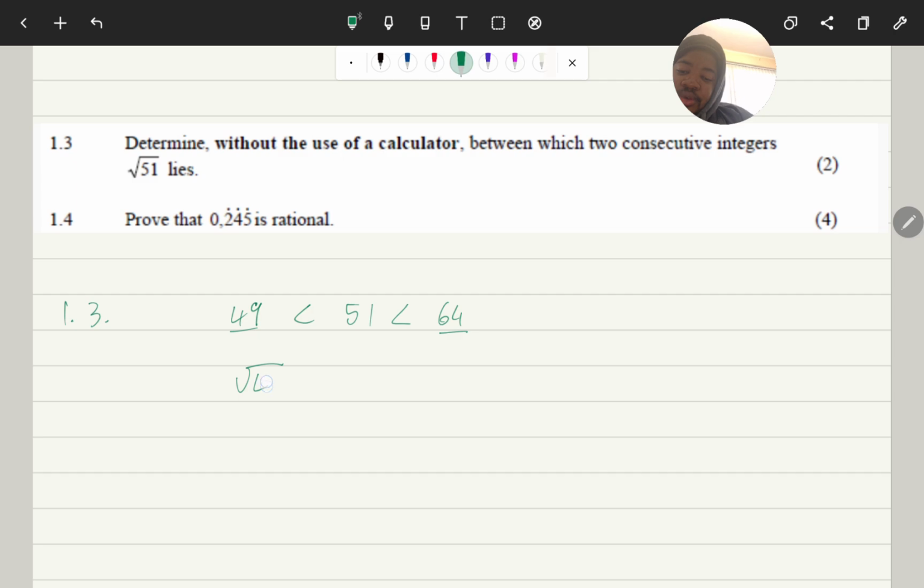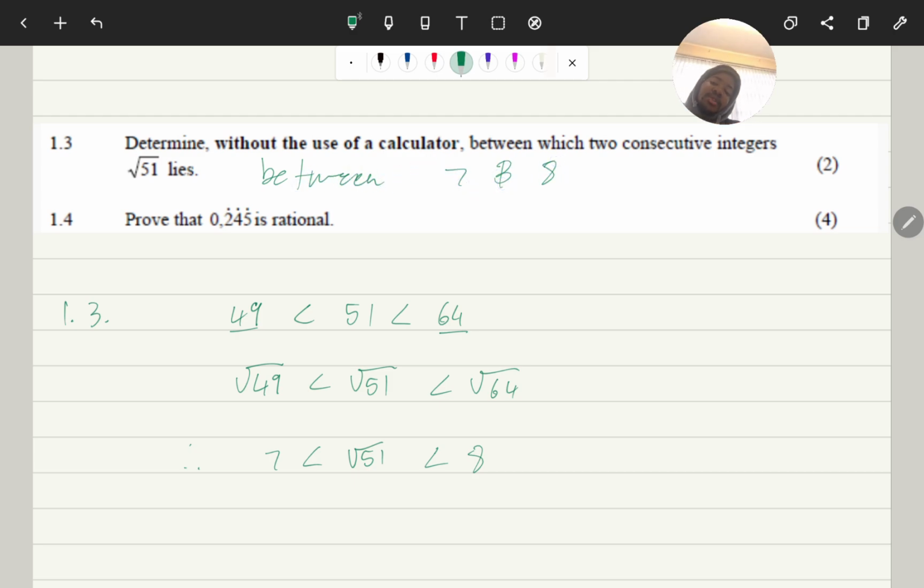So when you have square root of 49, square root of 51, square root of 64, you therefore have 7, square root of 51, 8, and therefore you've answered the question to say the answer here, you could just say between 7 and 8. Done.